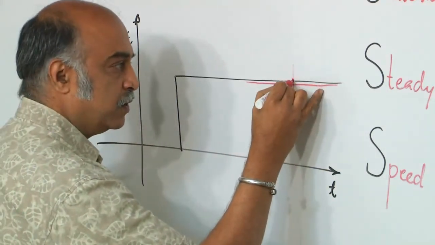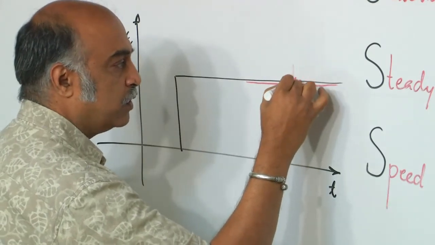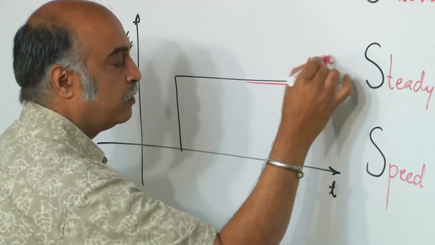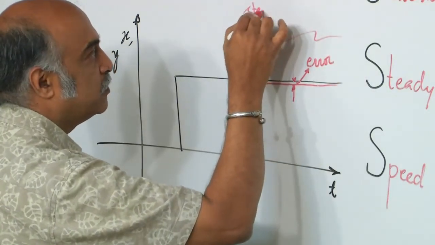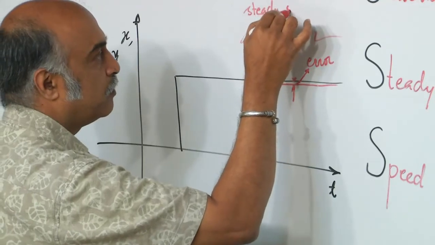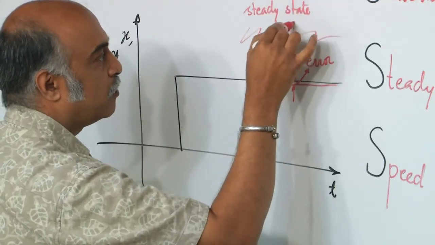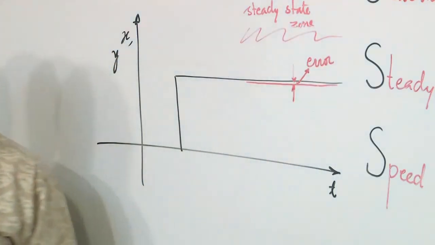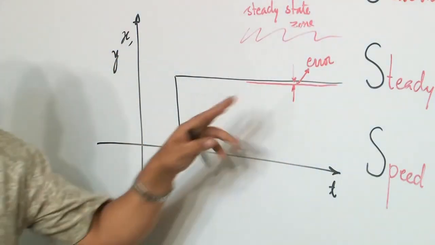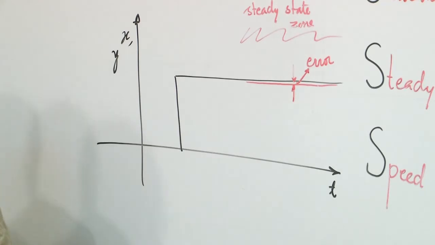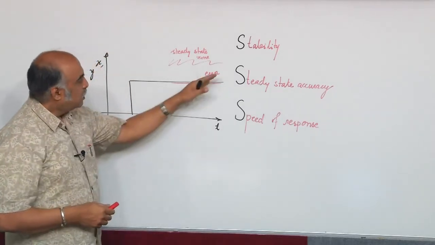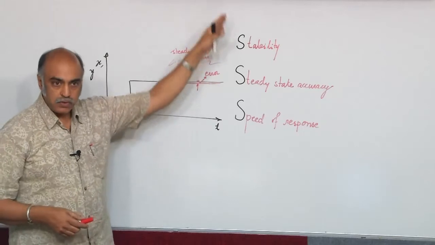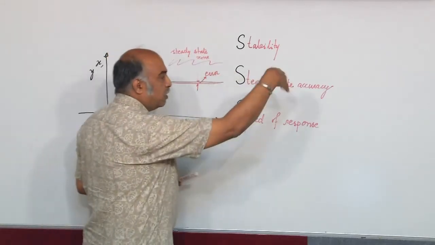The error could go to 0 or it could have a finite error. This zone is the steady state zone, let us say. So, this is one measure that you have to be bothered about. You need to have good accuracy without compromising on cost and other performances. Stability, of course, there should not be growth, otherwise you will see it grow and oscillate probably.